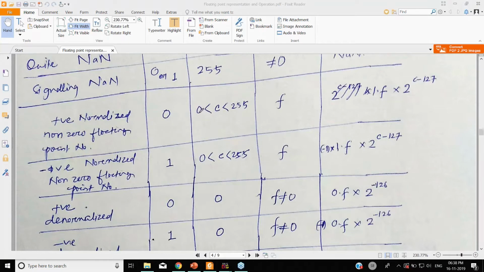I can write it like this: 1 is less than or equal to the exponent, which is less than or equal to 254, and F can be any value.